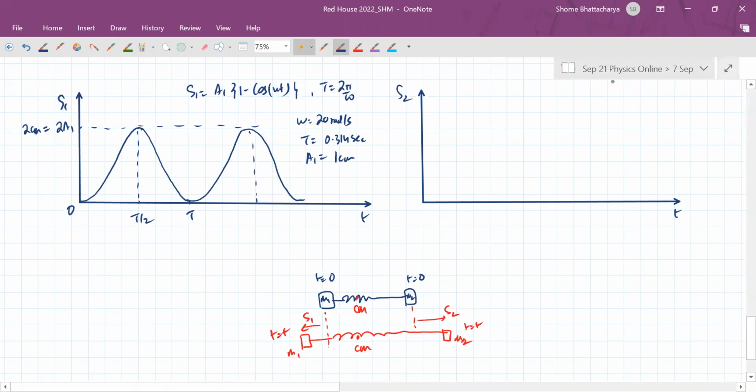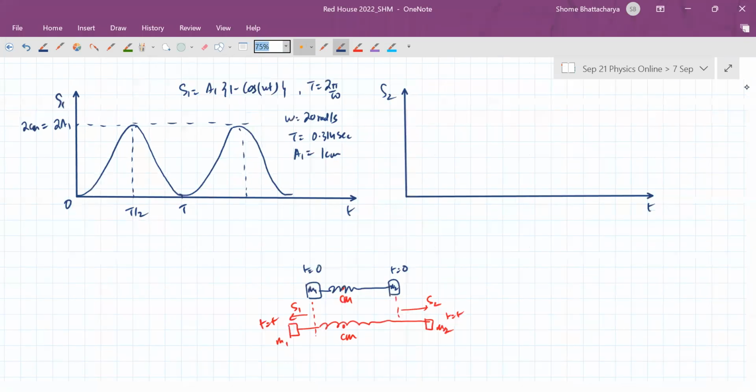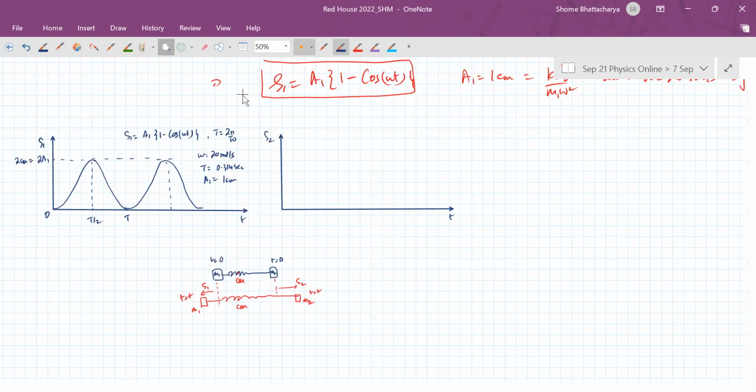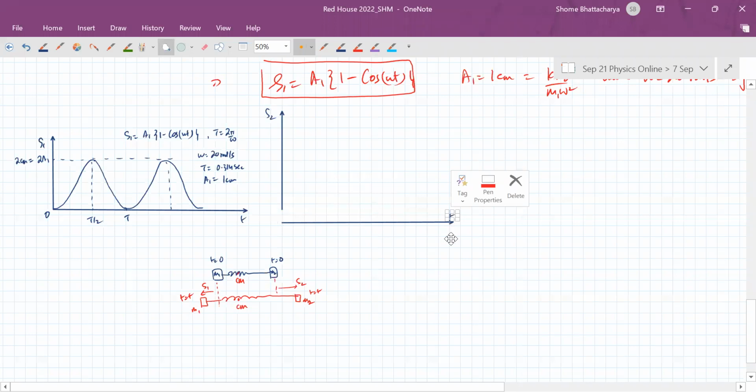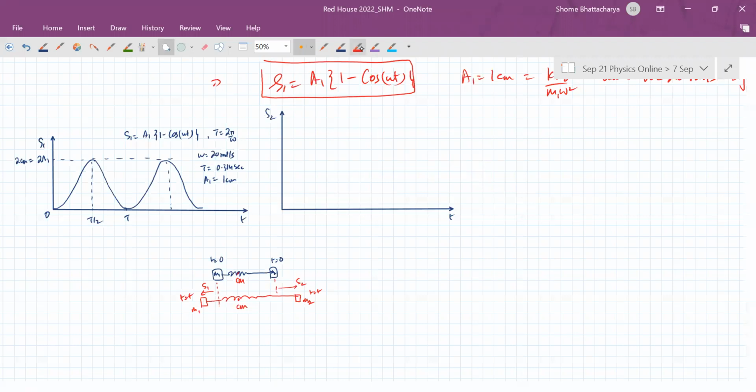Now, if you compare that to S2, you will see S2 has a larger range of motion, because it's a lighter block, so it goes away further compared to S1. S2 has a range of motion of 4 centimeters, that is 2a2.